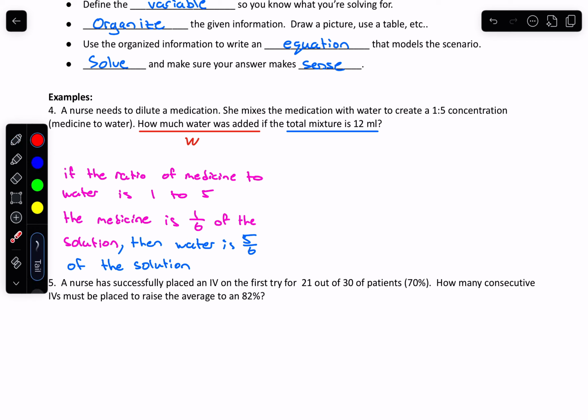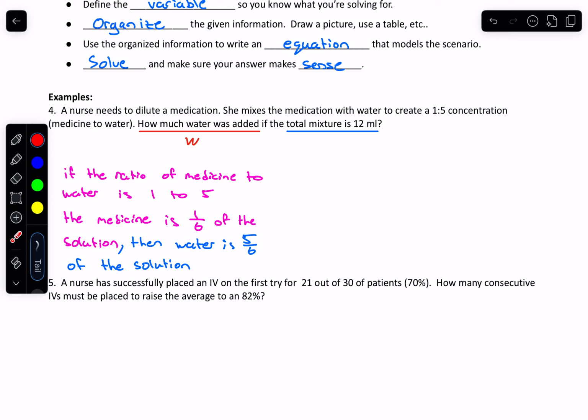And notice the same thing I just told you applies. If we want to know what the 5 represents, the 5 is how much water, that goes on top. And then the denominator is the two pieces together, which give us the 6 on bottom. So if the ratio is 1 to 5 medicine to water, the medicine is 1/6 of the solution, and the water is 5/6 of the solution.